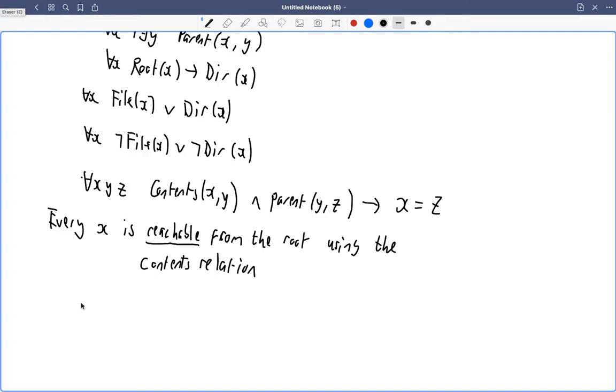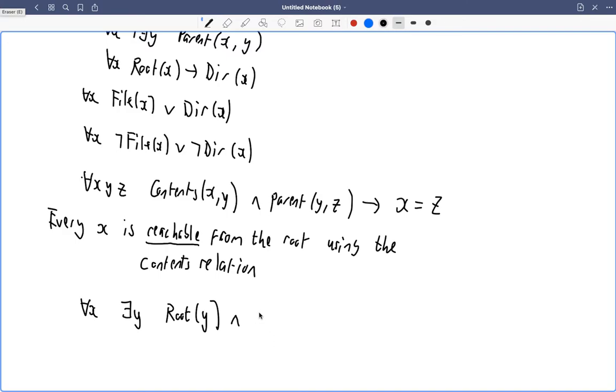So one way of saying it is for all x, there exists a y such that root y, in fact it's unique, the root, we've got an axiom saying that, and now we want to say y is reachable by an arbitrary number of applications of the contents relation.